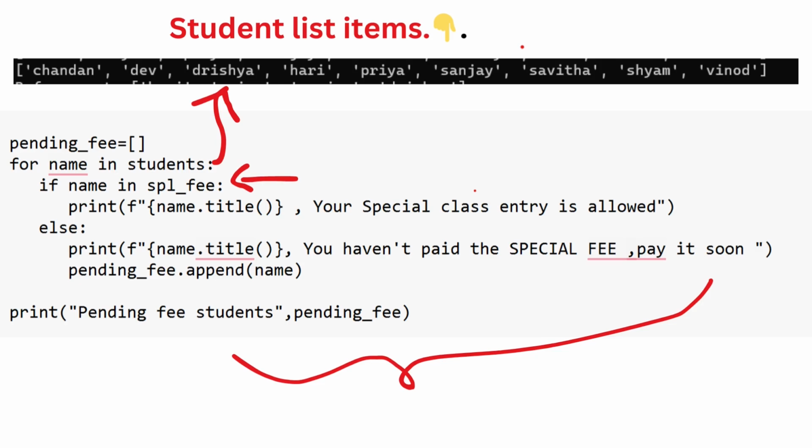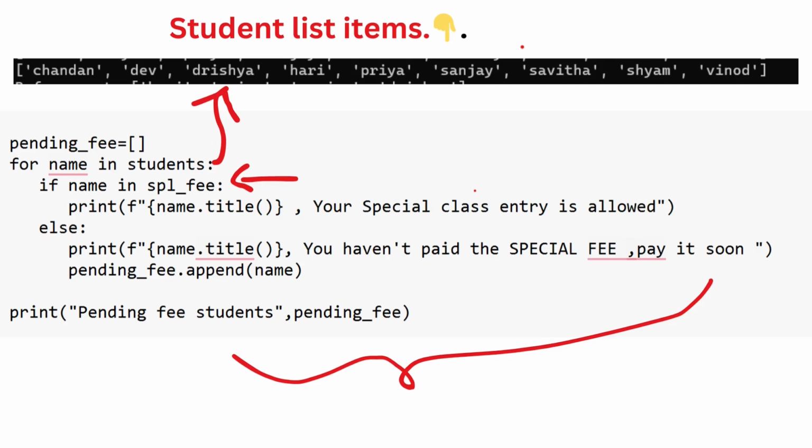So for Chandan in students, we once again check if Chandan is in special_fee. Special_fee is the list where the students have already paid the fees for the special class. So we have to see whether Chandan is inside the special_fee category. On checking, it is not there. So the if block will be ignored and the program's control will go to the else block and it will print Chandan, you haven't paid the special fee, pay it soon.